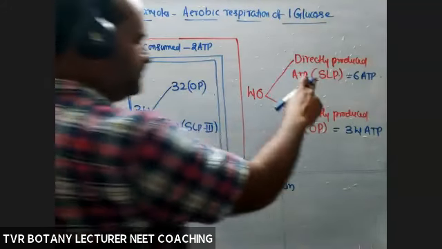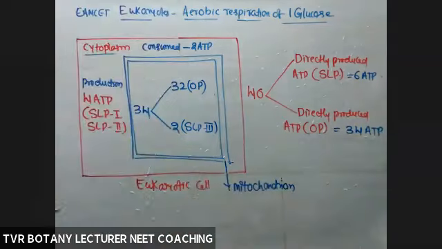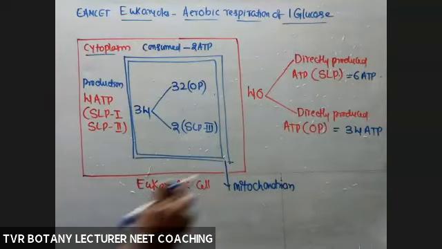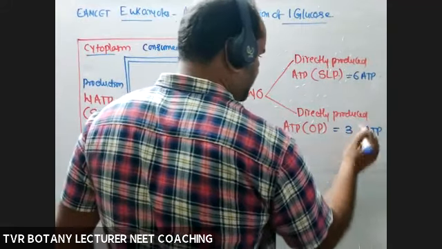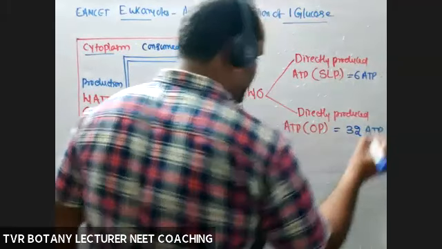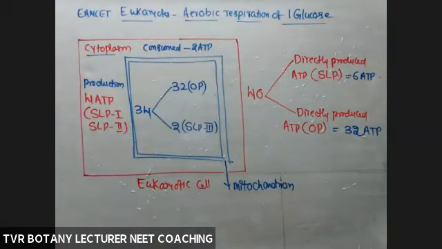So here SLP 6 molecules of ATP. The change is required here only: 32 plus 6, 38 ATP molecules total production. Okay, that is for MSET.